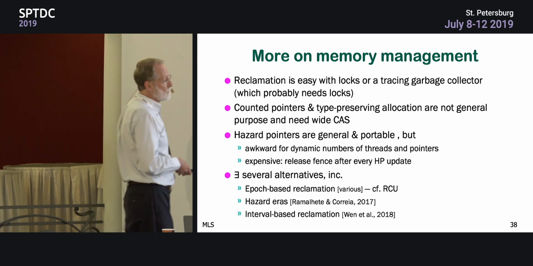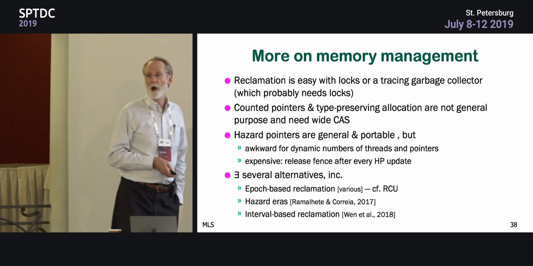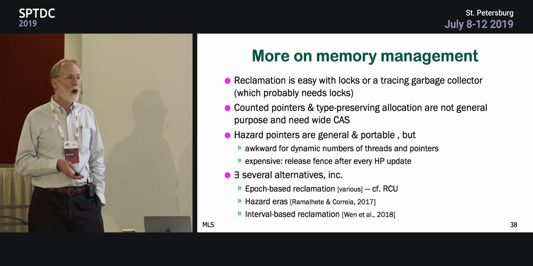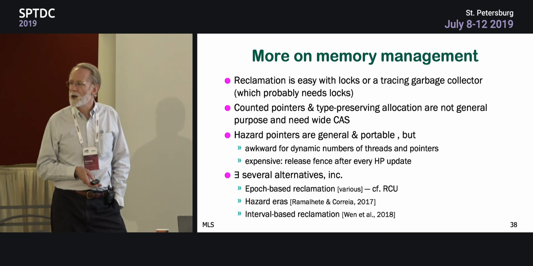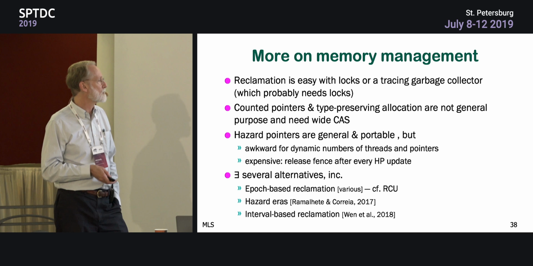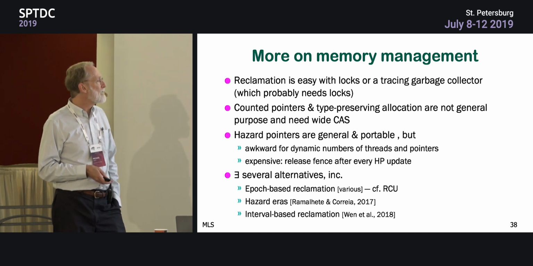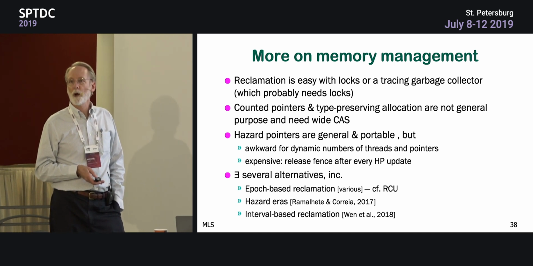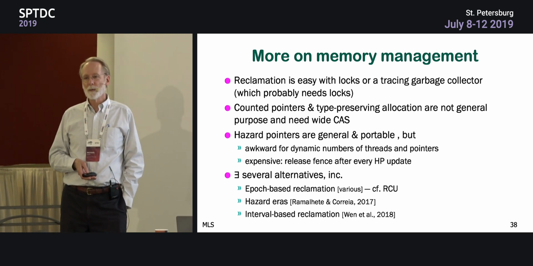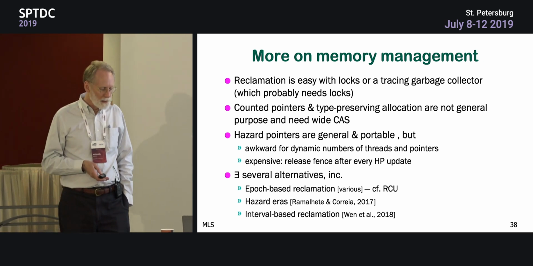Several people have used variations on what's generally called epoch-based reclamation. The earliest reference I know of to this is in Keir Fraser's PhD thesis at Cambridge University, but I'm not absolutely sure that he was the first person to use it. The basic idea is that you have a global clock that ticks slowly. And there are multiple ways that that global clock could be implemented.